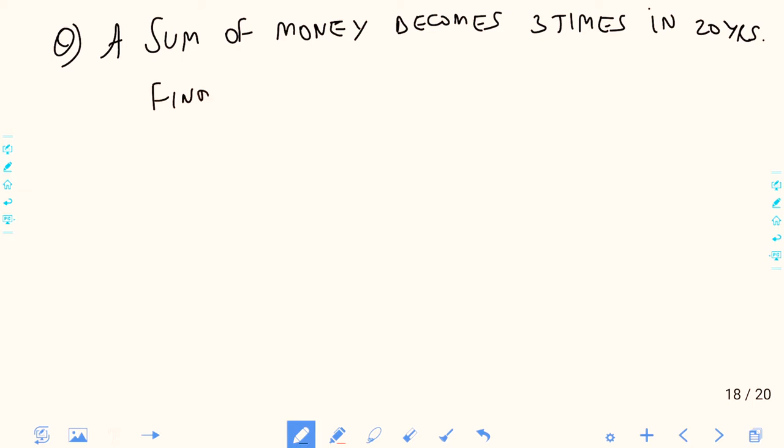Find the simple rate of interest. SROI, simple rate of interest. So a sum of money multiplies 3 times in 20 years. You have to find out the simple rate of interest.